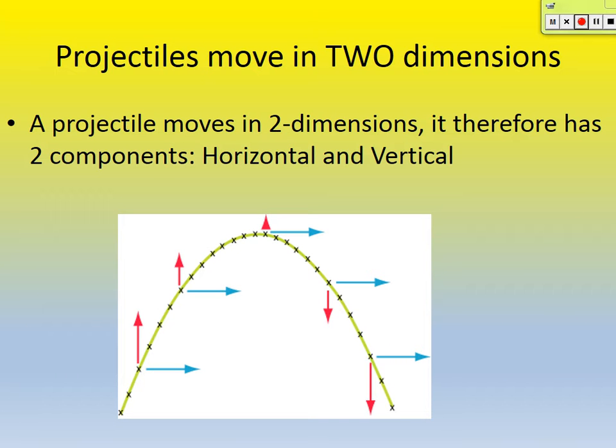Okay, a projectile moves in two dimensions. It therefore has two components, horizontal and vertical. Now, if we look at this projectile here, we can see two vectors at every point. There's a vector for the vertical component of motion, and there's a vector for its horizontal component. And what do you notice about the vertical vector here?